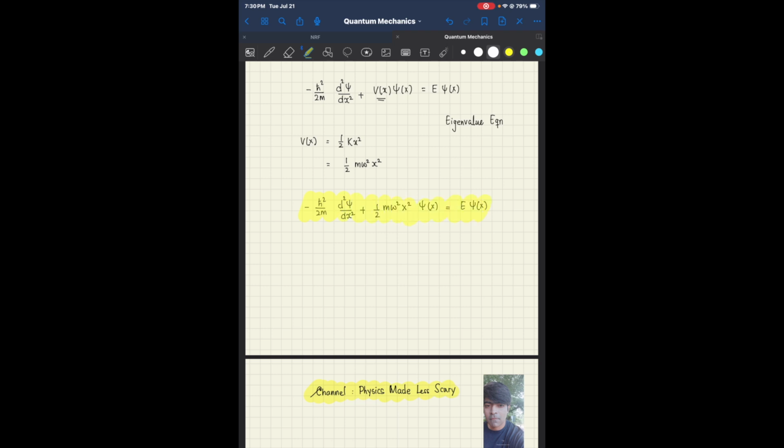This is the quantum Schrodinger equation for a harmonic oscillator.